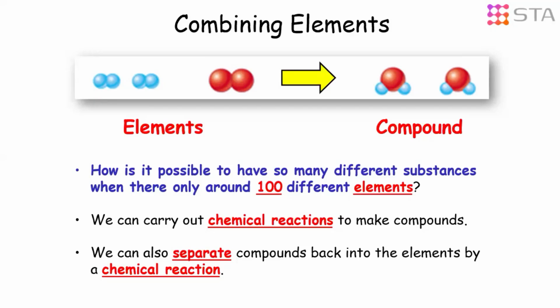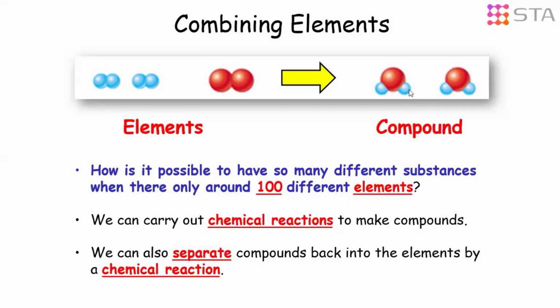Well, the answer to that is we can actually combine the elements in different combinations to make new substances, which we call compounds. Now, elements can react with other elements through chemical reactions.